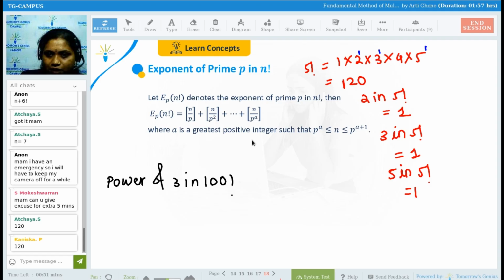Yes or no? That is the main thing, no? So how will you do this one? First you need to understand this close bracket. What does this mean? Greatest integer function.